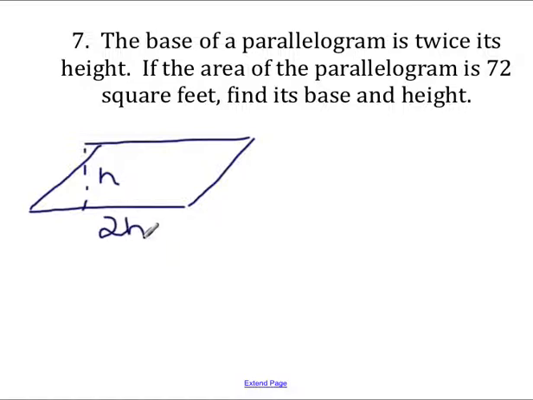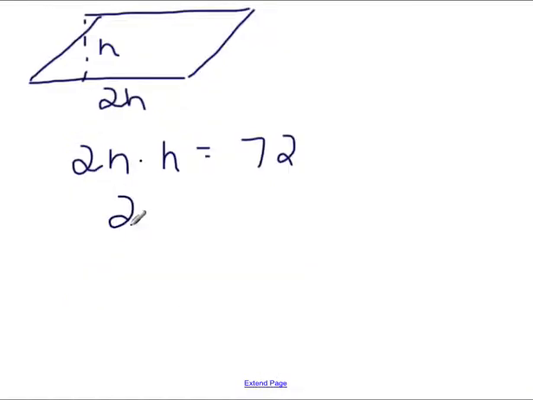We know that to calculate a parallelogram, base times height is equal to the area, which is 72. So then we're going to multiply this out. We're going to take 2h times h. That gives us 2h squared is equal to 72. Now I'm going to continue solving for h.